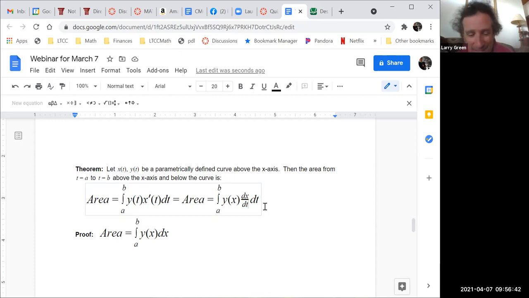What if instead of t, doesn't matter what letter I use, just to give you a hint, let's call it u. What does it look like? This is u substitution. That's all this is. That's it. We're done. This is how u substitution works, right? You let u equal this function of x, and then you've got it.